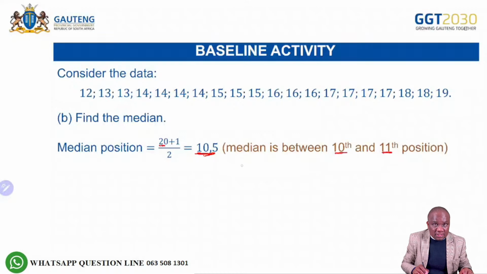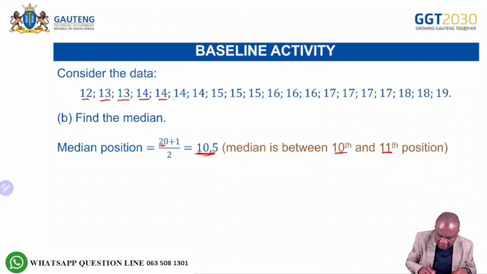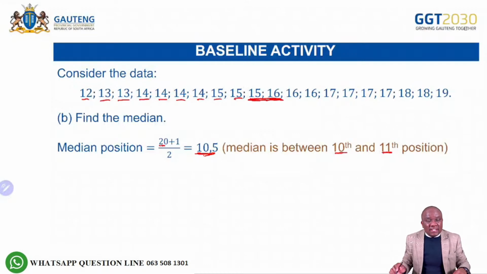This gives us the position, but the median is here. Let's count 1, 2, 3, 4, 5, 6, 7, 8, 9, 10, 11. So the median is between 15 and 16. Now how do we find the median when you have 2 numbers like that? We find the mean of those 2 numbers.